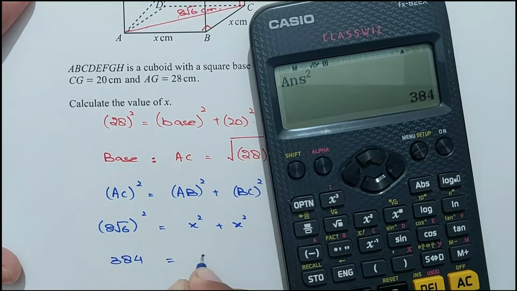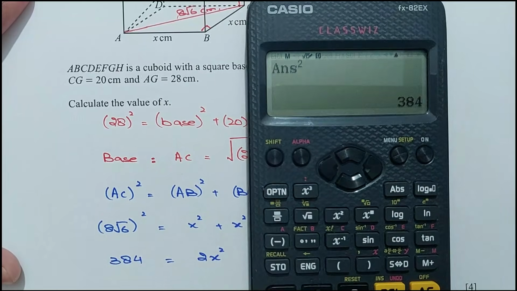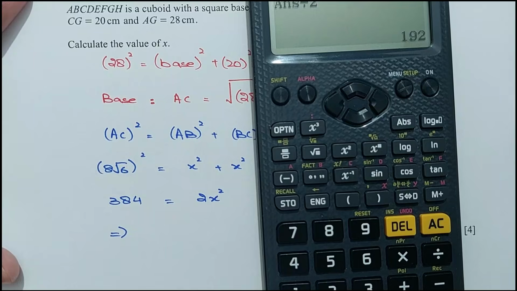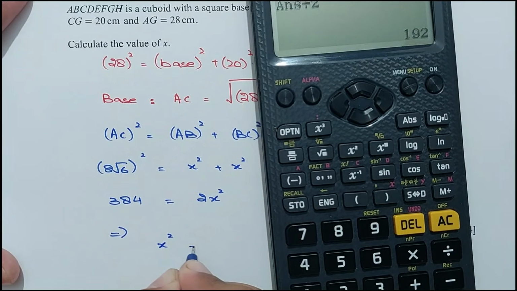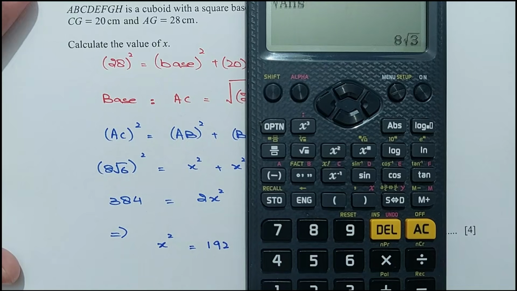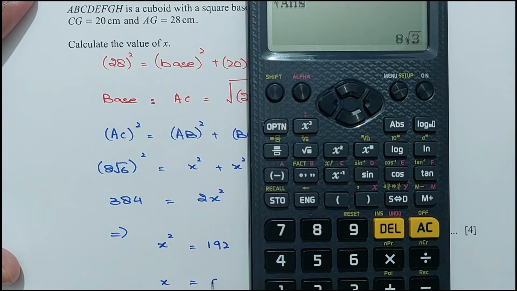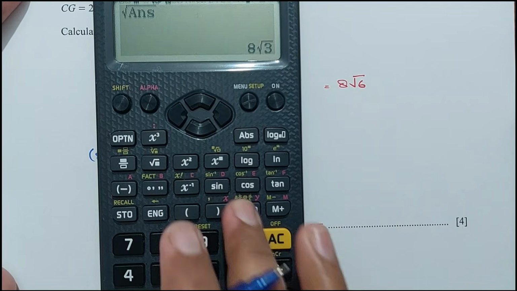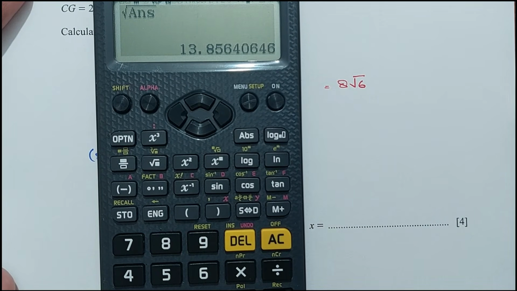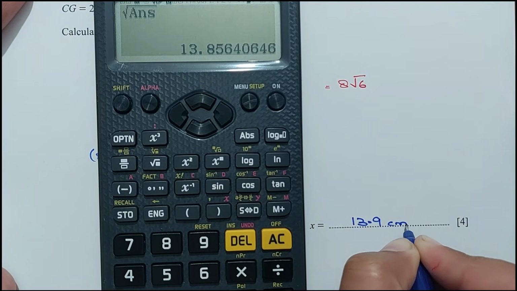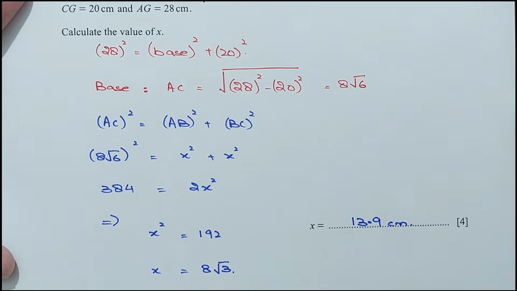So 384 equals 2x square, dividing by 2, x square would be 192, and the square root gives x equals 8 square root of 3. Or we can say 13.85 or 13.9 centimeters is the value for x.